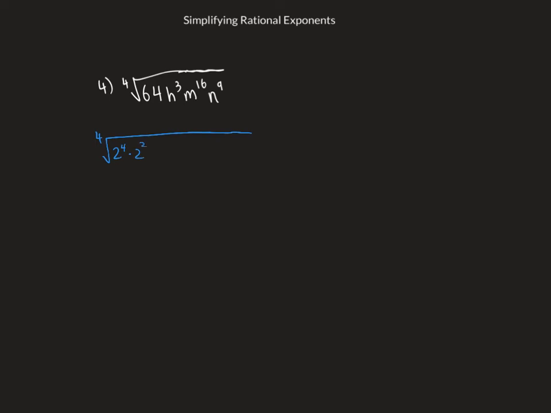Because 2 to the power of 4 is 2 times 2 times 2 times 2, 4 times 4 equals 16, and 16 times 4 is 64. Makes sense. So 2 to the power of 4 times 2 to the power of 2.